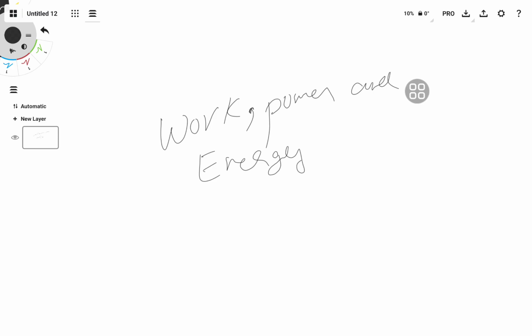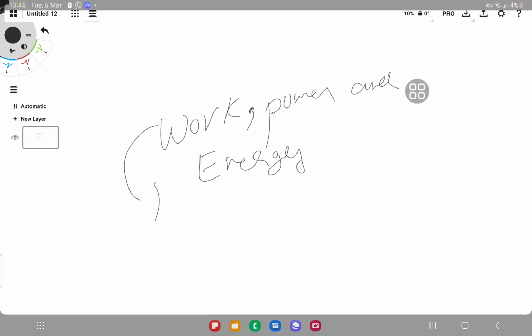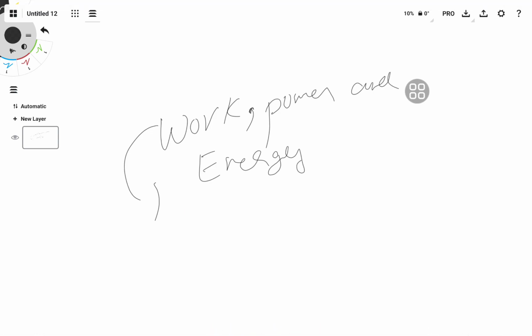Work is done if a force acts on a body and the body moves in the direction of the force. Energy is basically the ability to do work.